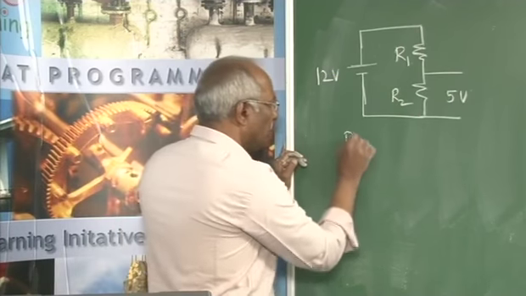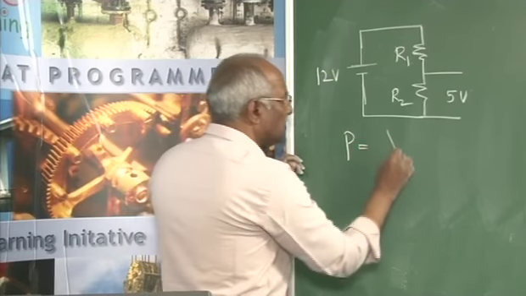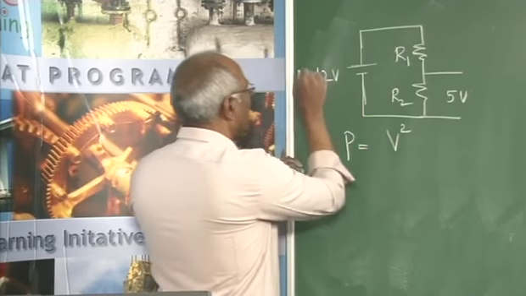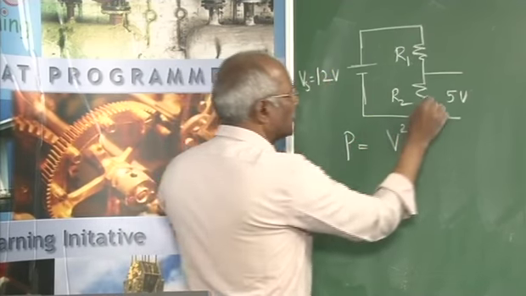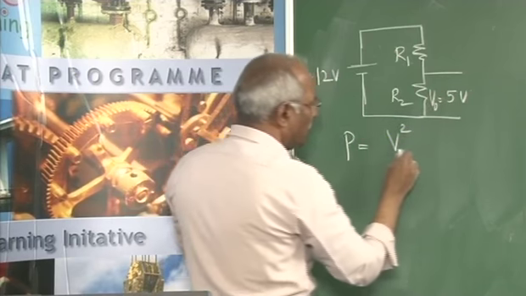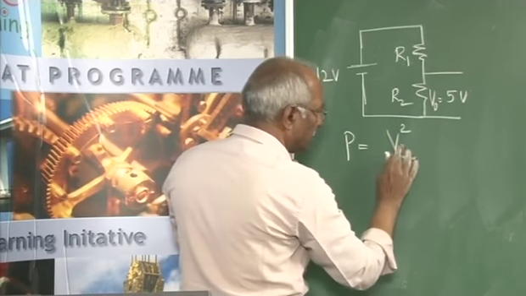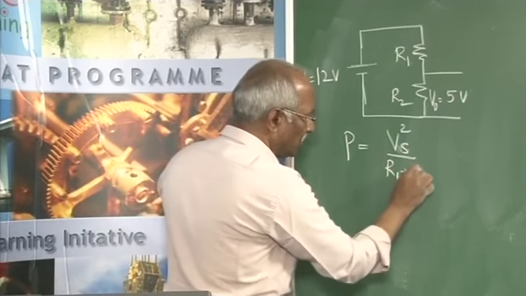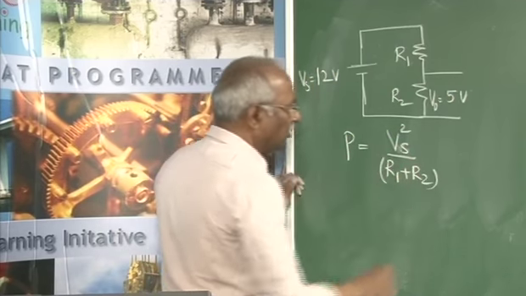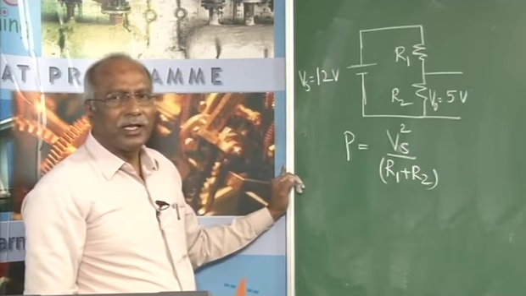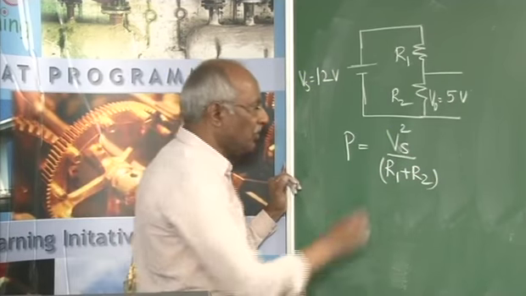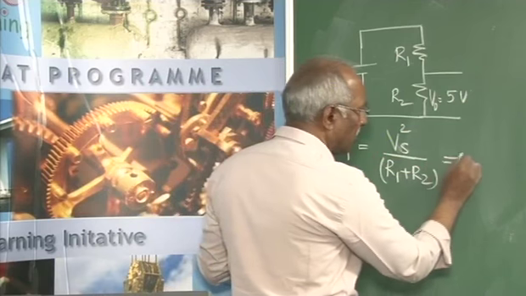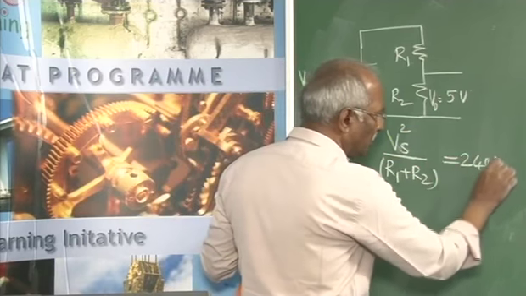The power consumed will be equal to V square, if I call it as Vs and this one as V naught, then Vs square divided by R1 plus R2 should be less than or equal to 240 milliwatt. We will assume it as equal to 240 milliwatt.